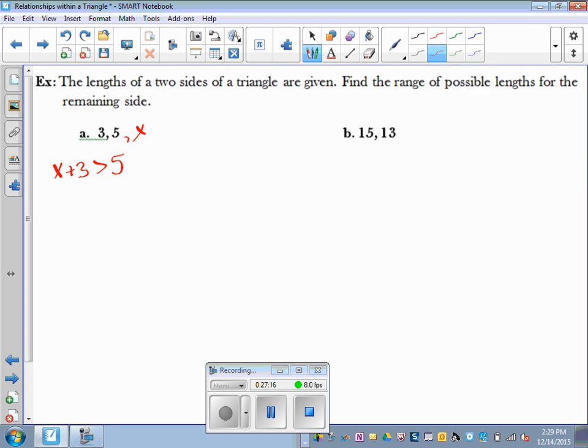So if I take x and add 3, it has to be greater than 5 in order for it to be a triangle. Also, if I do x plus the 5 length, that must be greater than 3. Right? Again, satisfying the triangle inequality, any two sides added together must be larger than the third side for it to be a triangle.